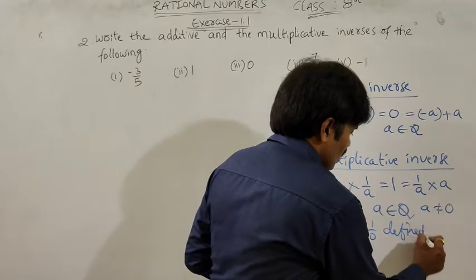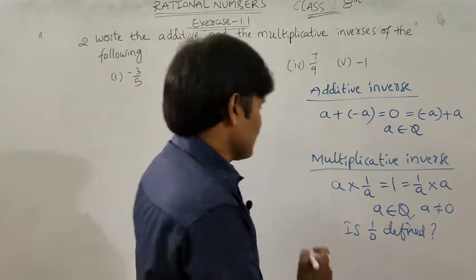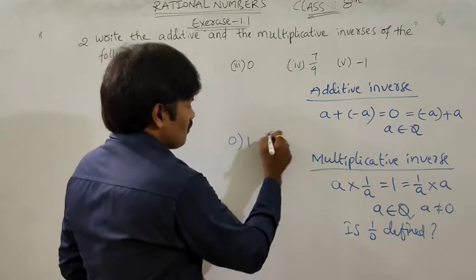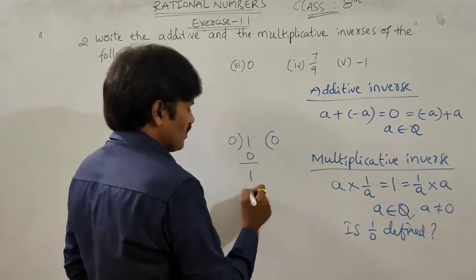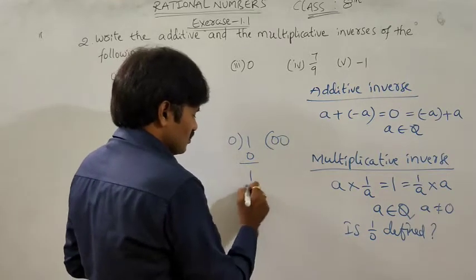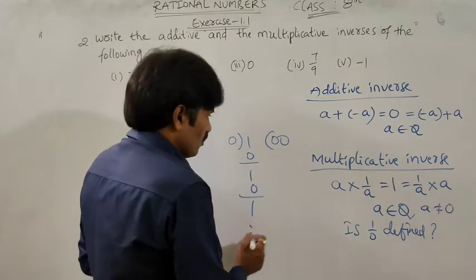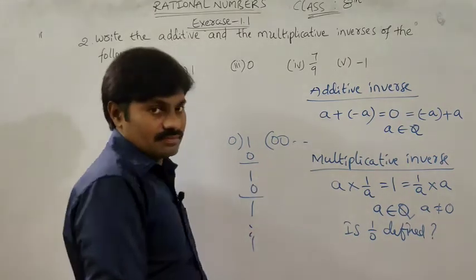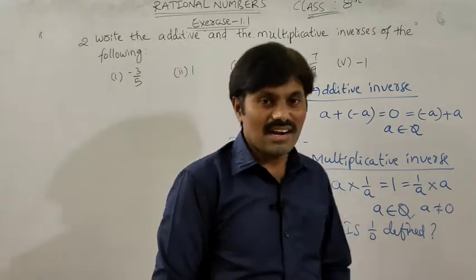Not defined. If you divide 1 by 0, 0 zeros are 0, again remainder 1, again 0 zeros are 0, and like this we never get a remainder. So 1 by 0 is not defined.